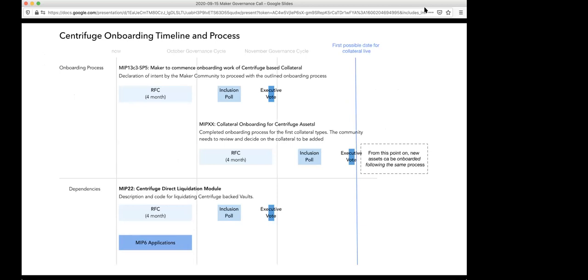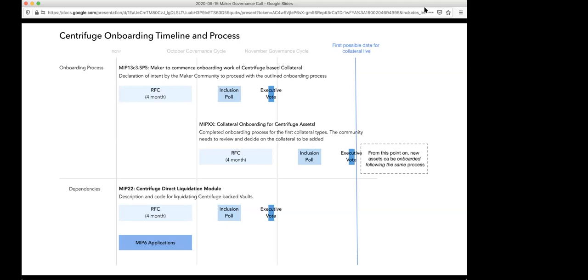And now in the last couple of weeks, we've come to a point where I think objectively we can say that Centrifuge is ready, the asset originators are ready, and I hope to a point as well, or at least that is my understanding of the Maker community, that we are ready to actually talk about onboarding these assets concretely.